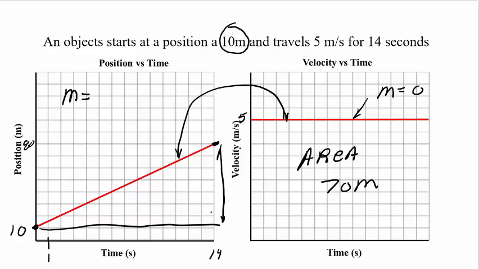So let's calculate what my slope is. I'm at 80, so I take my 80 meters, I subtract my 10 meters. What is the change in time? Well, 14 seconds here. I subtract my 0 seconds here. Okay, and what do I get? 80 minus 10 is 70, and 70 divided by 14 is equal to 5 meters per second.